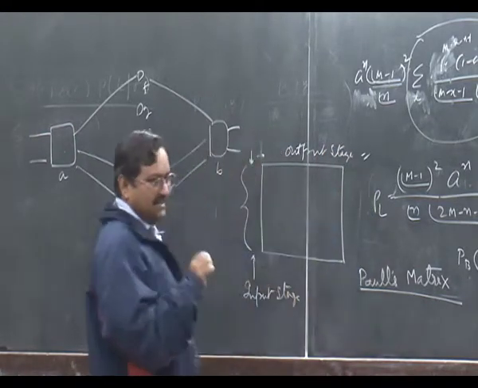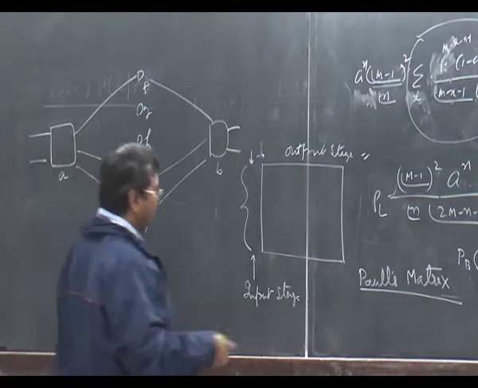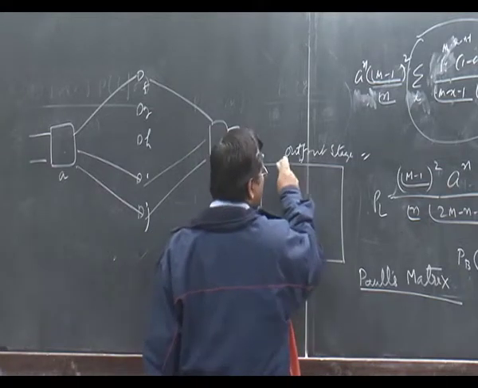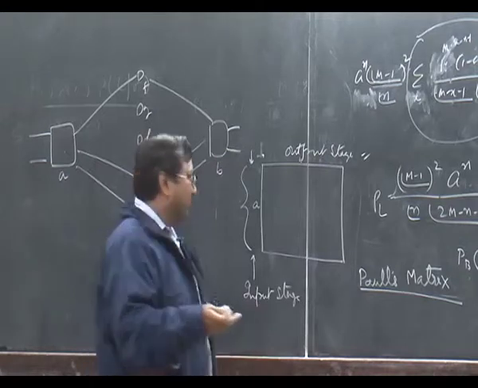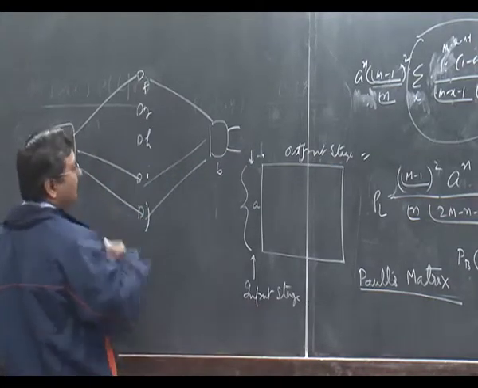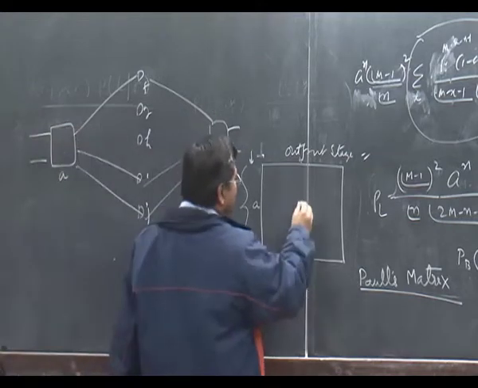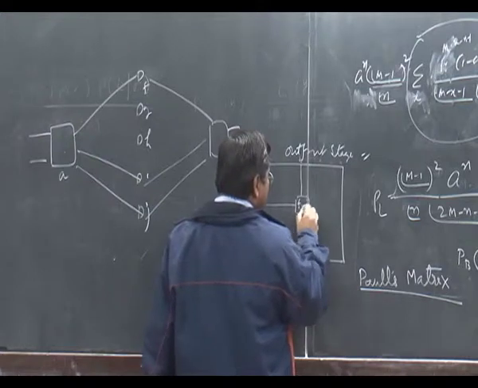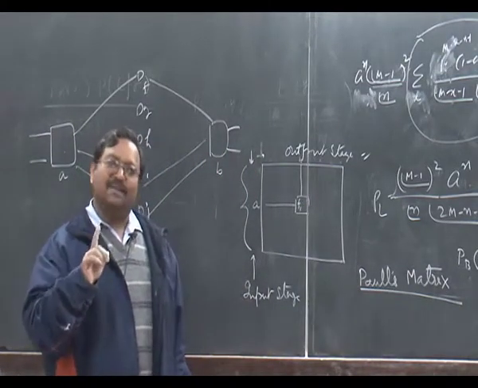I will just explain something and then leave it for you, and we will go ahead with this later on. If switch A is here, switch B is here, there are a number of rows and a number of columns. Between A and B I can set up a path through many middle switches. So if I have set up a path through F, I will put entry F in this cell, which is common. But this cell need not have one entry, it can have multiple entries.